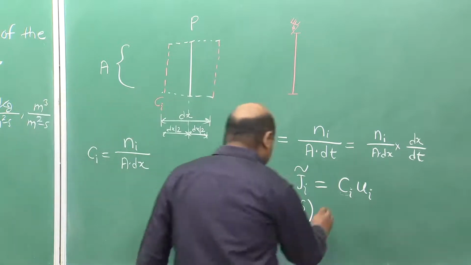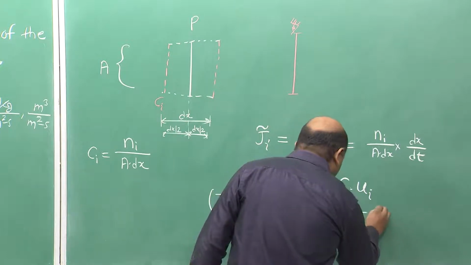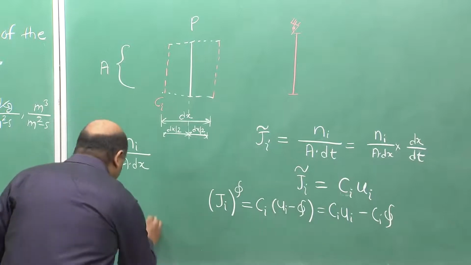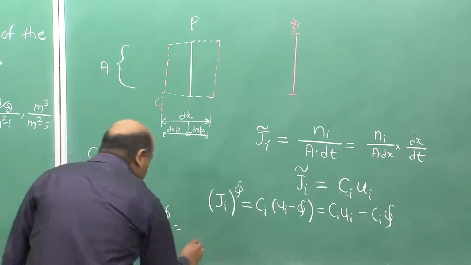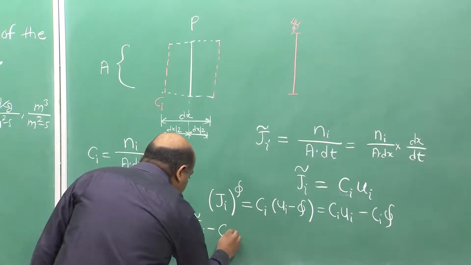Right. So, this is basically C_i times u_i minus C_i times φ. So, we can write J_i^φ is equal to J_i tilde minus C_i φ.